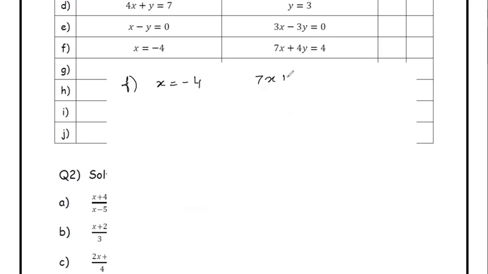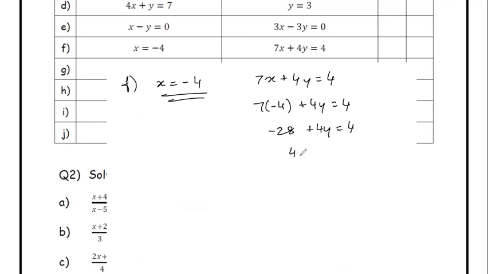So obviously, the method that comes to my head is substitution because x is -4. I'm going to substitute. So 7 into -4 plus 4y is equal to 4. That's -28 plus 4y is equal to 4. So that's 4y is equal to 32. y is equal to 8.